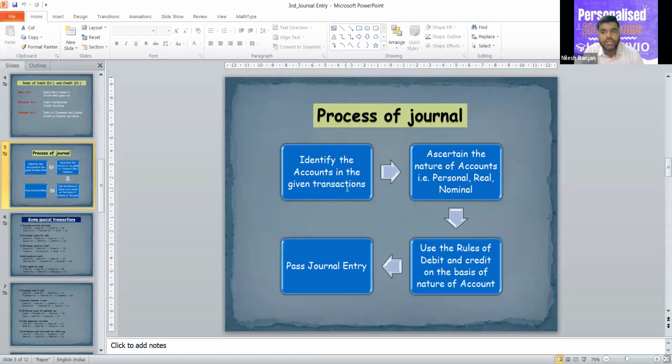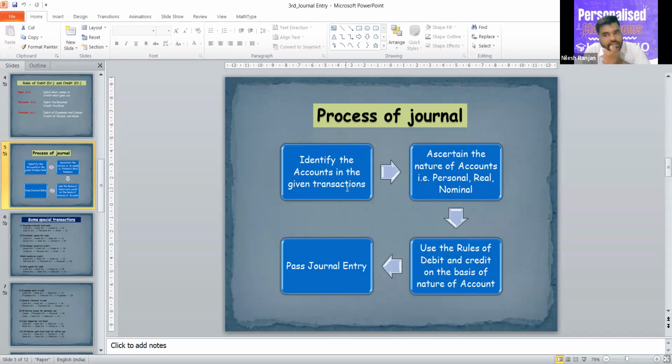Similarly, if we purchase furniture from X, then X is also affected by this transaction, yes or no? Yes. X is personal. So you have to find out the nature of the account.